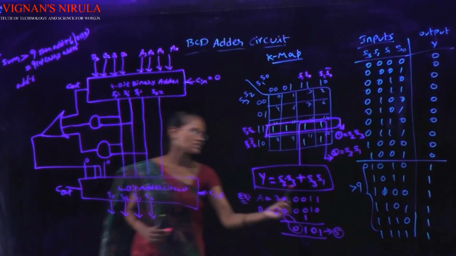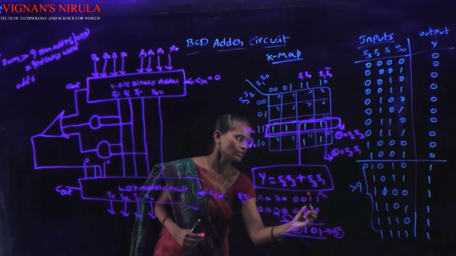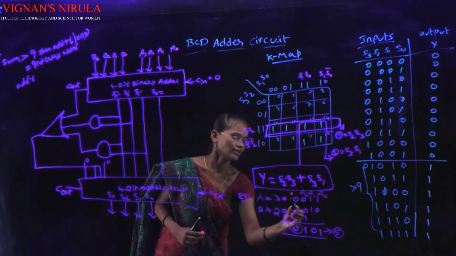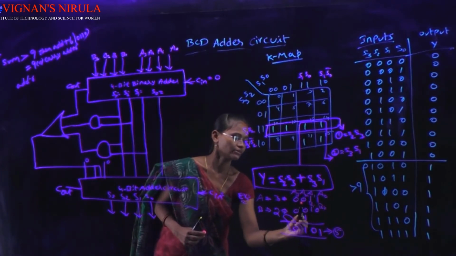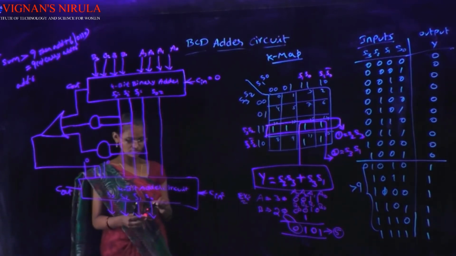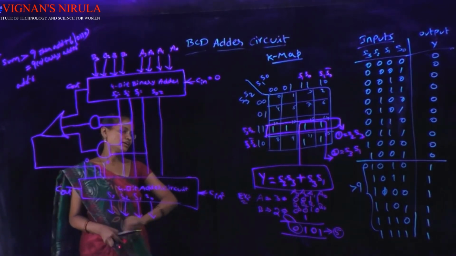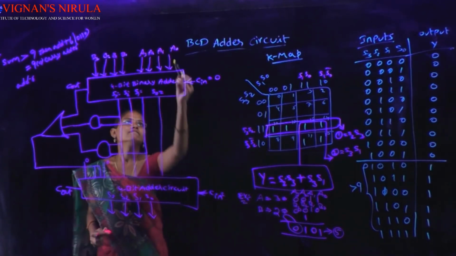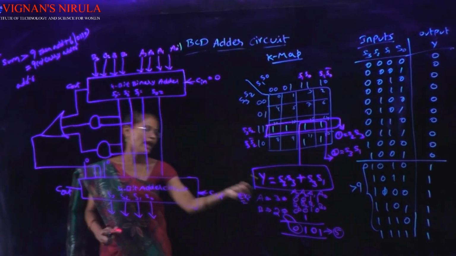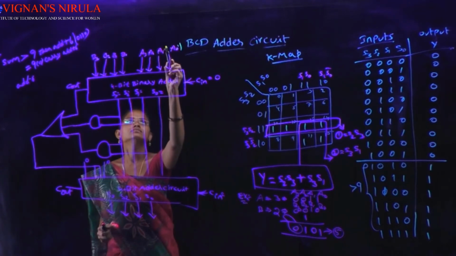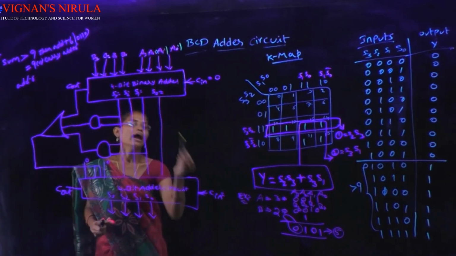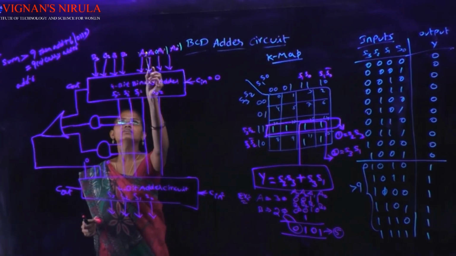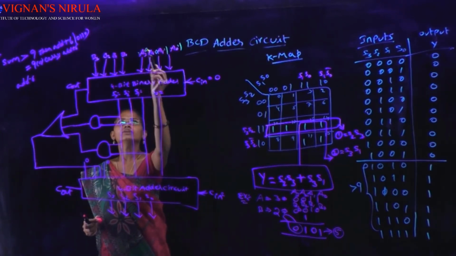Here the LSB bits are A0, A1, A2, A3 and B0, B1, B2 and B3. A0 bit is 1, A1 bit is 1, A2 bit is 0 and A3 bit is 0.